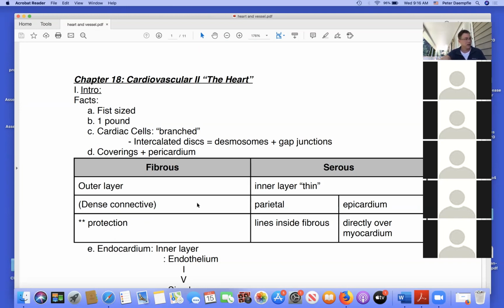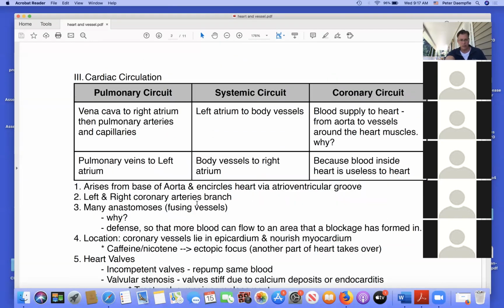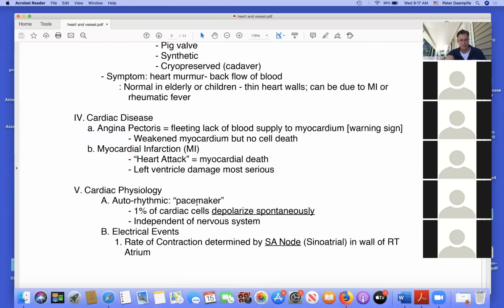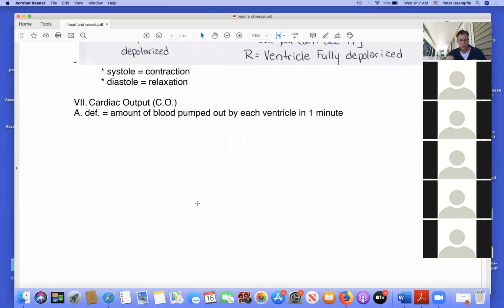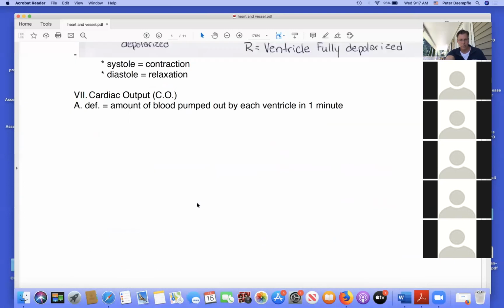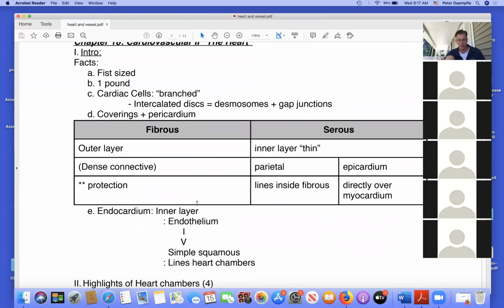The next layer is the serous pericardium, the inner layer of the pericardium. If you take a look at figure 13.6, the structure of the heart is given.